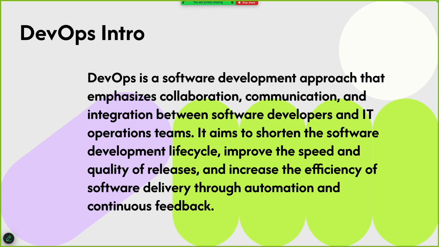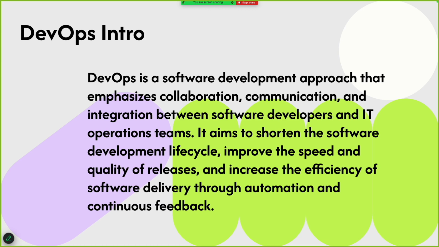So what is DevOps? So I'll read this. DevOps is a software development approach that emphasizes collaboration, communication, and integration between software developers and IT operations. It aims to shorten the software development lifecycle, improve the speed and quality of releases, and increase the efficiency of software delivery through automation and continuous feedback.